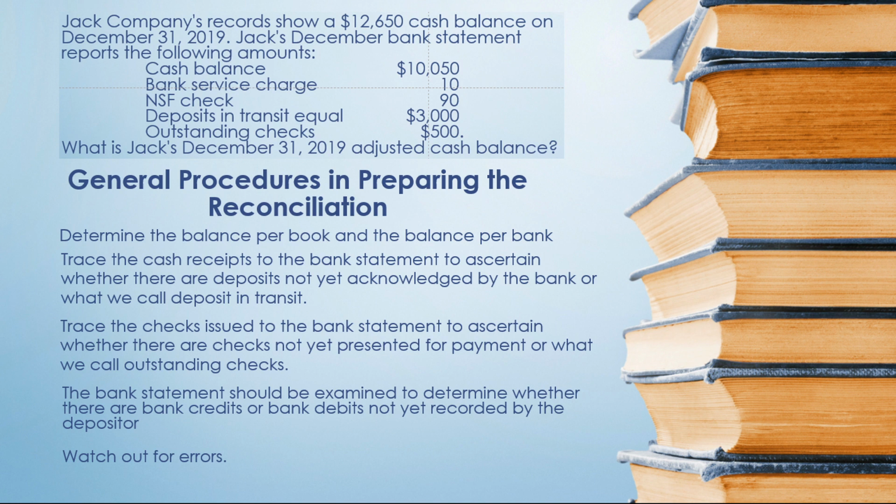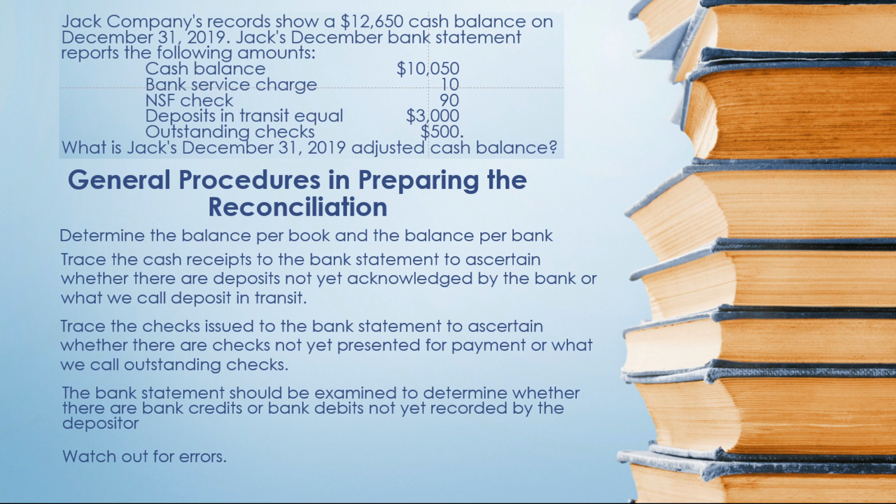Next step is the bank statement should be examined to determine whether there are bank credits or bank debits not yet recorded by the depositor. As seen in the depositor's bank statement, there is a bank service charge of $10 and an NSF check amounting to $90.